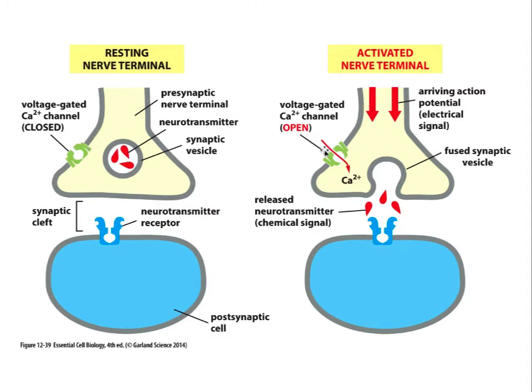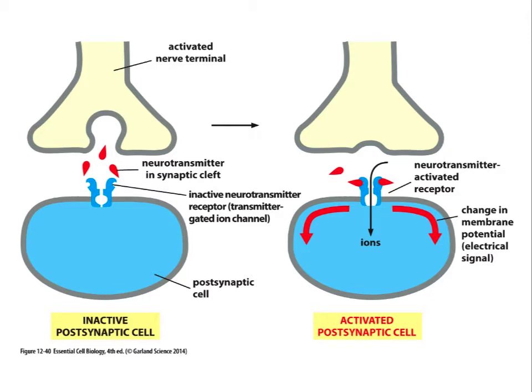And once they're opened, the calcium rushes in and it immediately fuses the synaptic vesicles, which contain the neurotransmitter, with their own membranes, therefore releasing that into the cleft. And that's picked up as a ligand that binds to these ligand-gated sodium channels, which will then allow sodium to enter the cell.